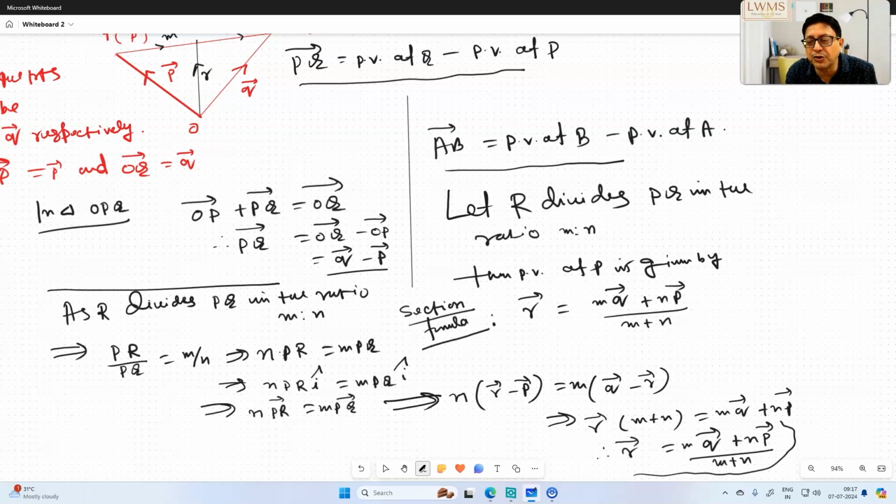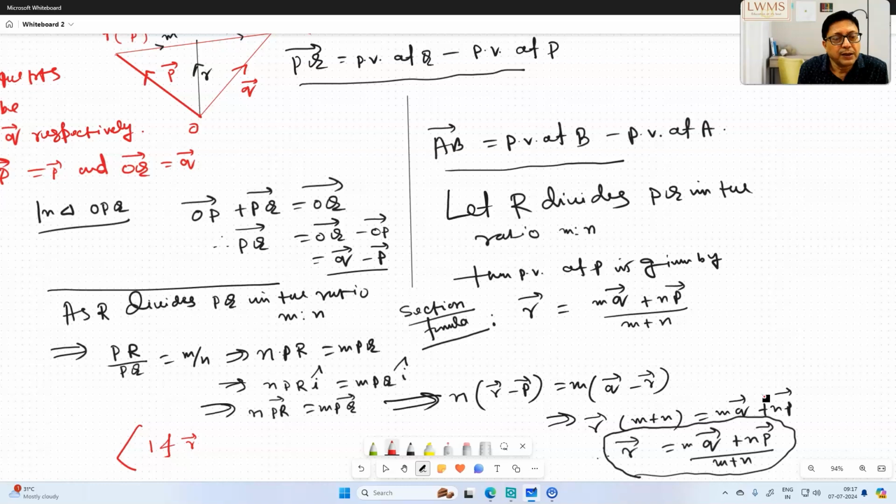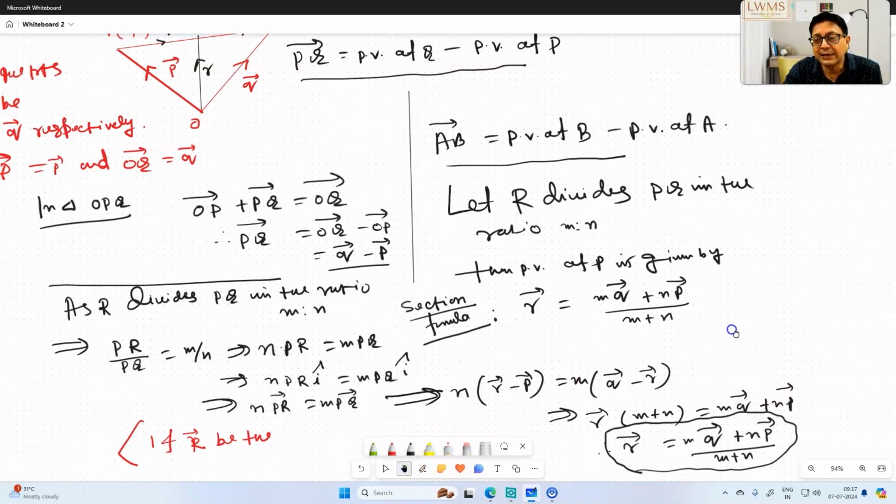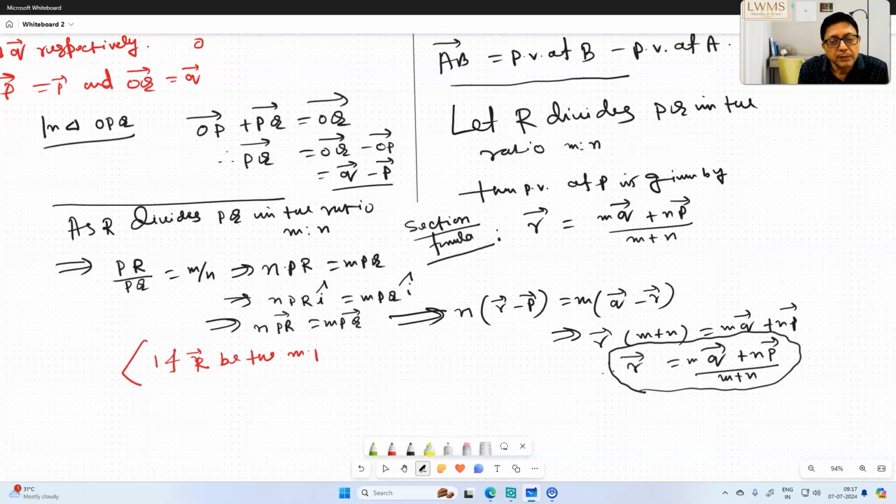So this is like coordinate geometry. In coordinate geometry, this solution exists. And here also we can write the R vector this manner, MQ plus NP by M plus N. R may be the midpoint also. So if R be the midpoint of P and Q, then we can write, R not vector, just R is the point here.